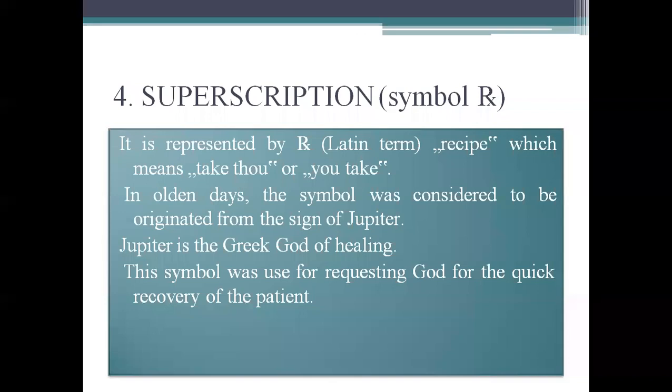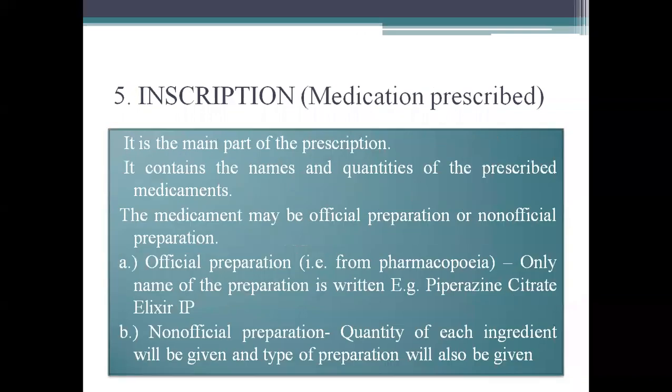That's why this symbol Rx is written by every physician, every registered medical practitioner before the start of the prescription. Then inscription, also called the main body of the prescription, because it contains the names and quantities of the prescribed medications, and these medicaments may be official preparations or non-official preparations.